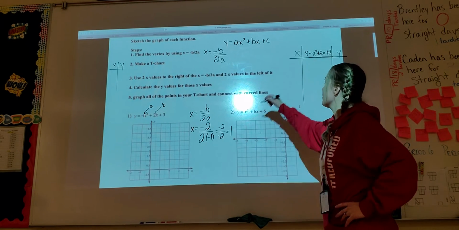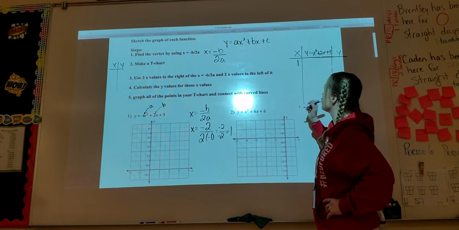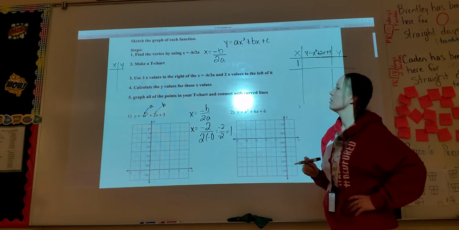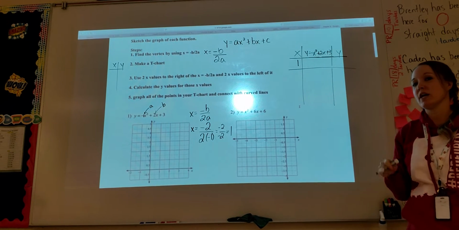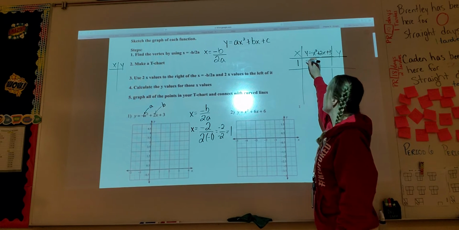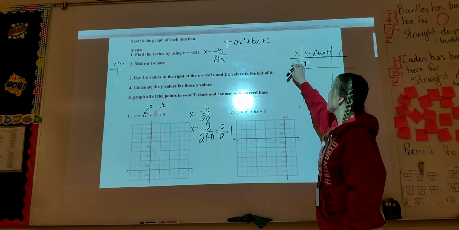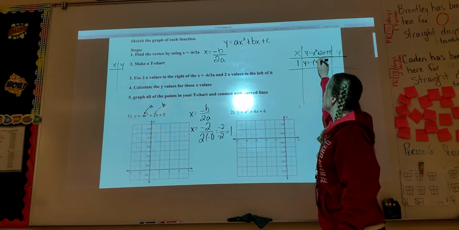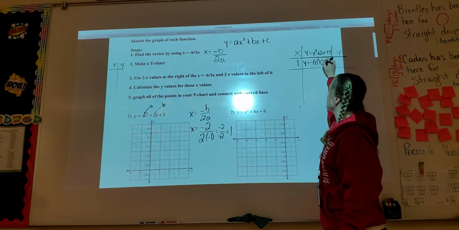Now, that's my vertex point. So I'm going to put that here. I've got my vertex point here for the x. That's the x value. I have to figure out what that y value is. So I'm going to have to plug in that x value into the equation wherever there's an x.